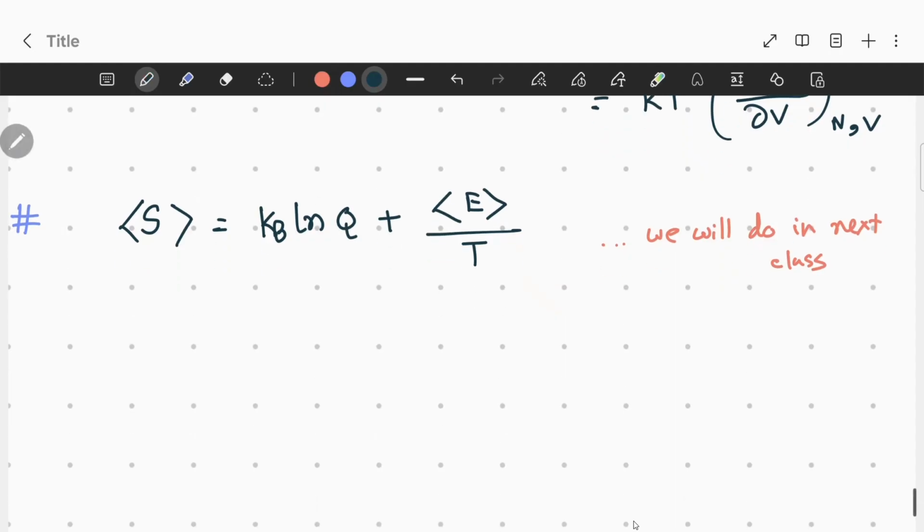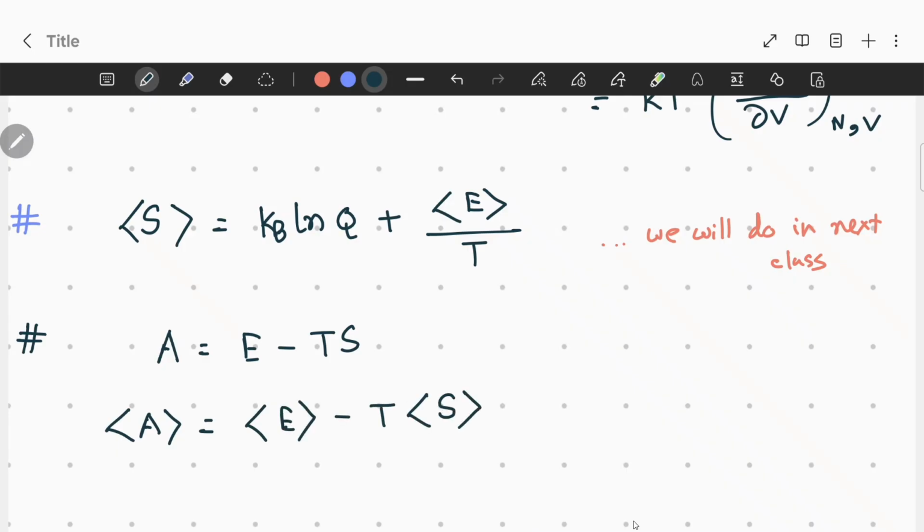So if this is our entropy, we now calculate our Helmholtz free energy. We have to calculate A average, which will be E average minus TS average.